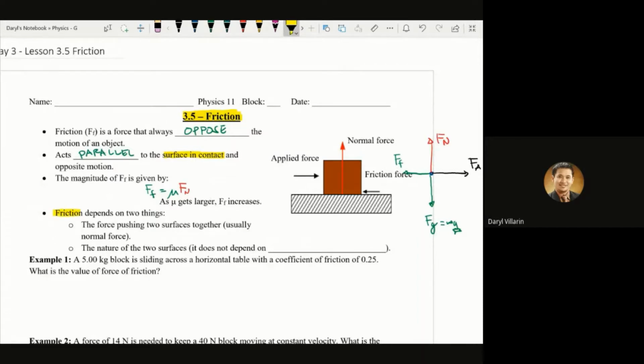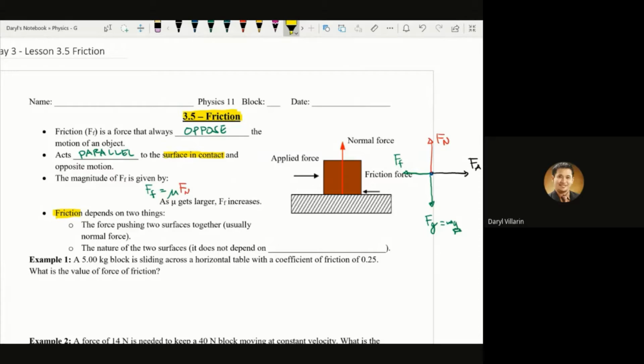So this is according to experiments, and by the way, this is an empirical formula: Ff is equal to mu times Fn. That is coming as a result of experiment.